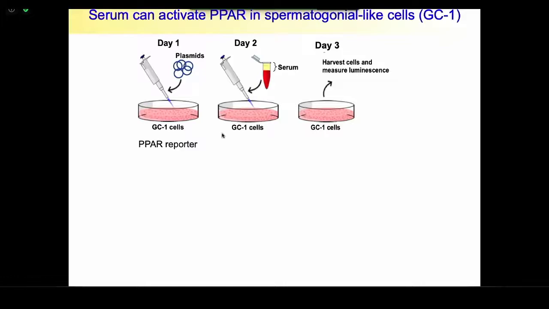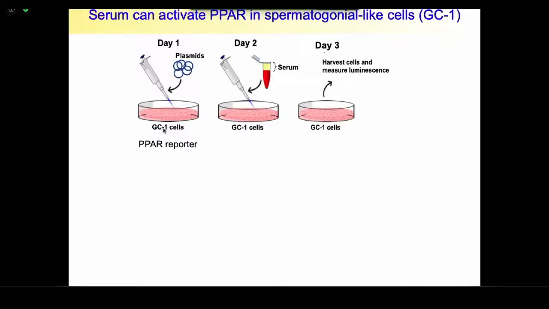So what we first did was to address the question of whether serum in germ cells acts via PPAR pathways. So we took these cells and transfected them with a PPAR reporter, PPAR again being a nuclear receptor which acts as a transcription factor.